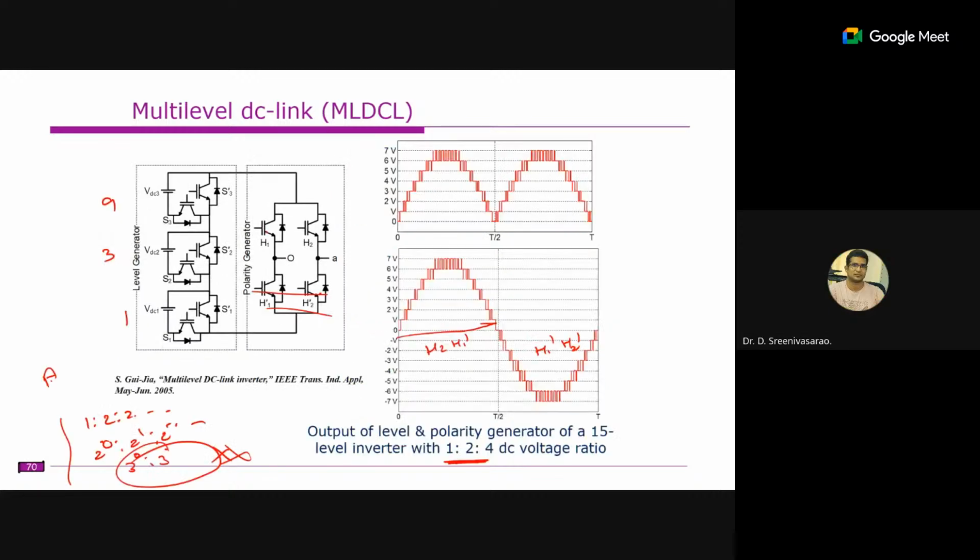Let us assume this case: this waveform is almost sinusoidal, so the THD is very low, maybe 2%, 3%. Further, if you connect a small inductor or a small LC filter, or the machine inductance, that is sufficient to make it purely sinusoidal.